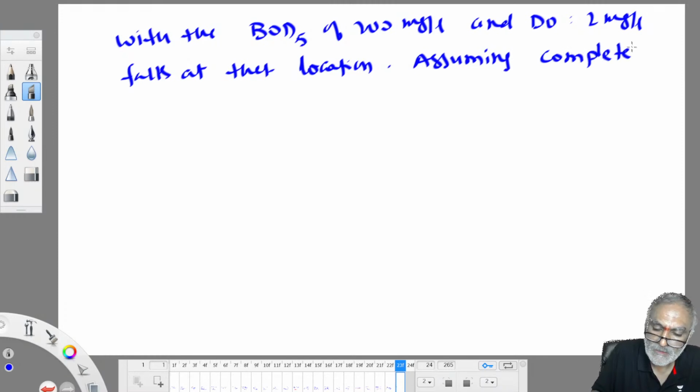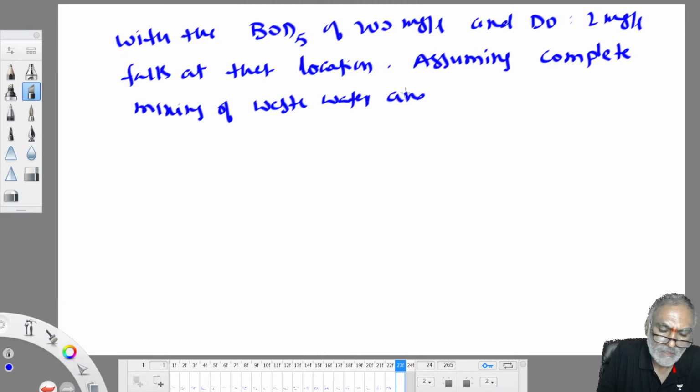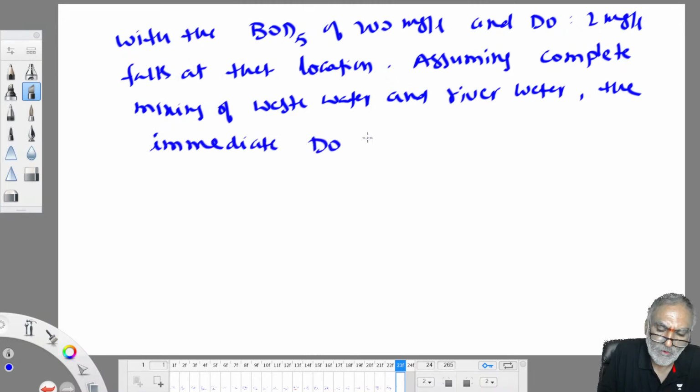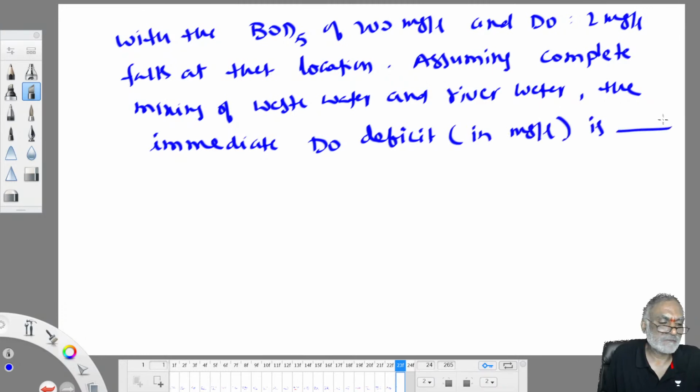Assuming complete mixing of wastewater and river water, the immediate DO deficit in milligram per liter is dash. This is a 2 marks question. Simple now?